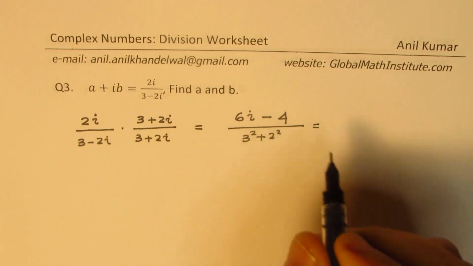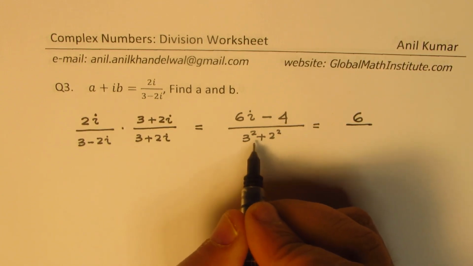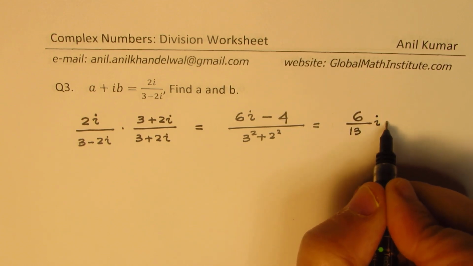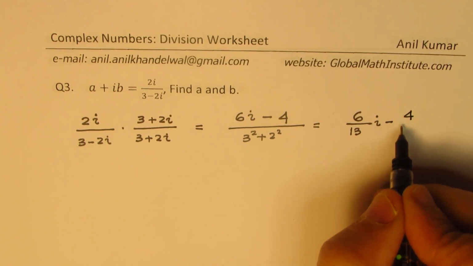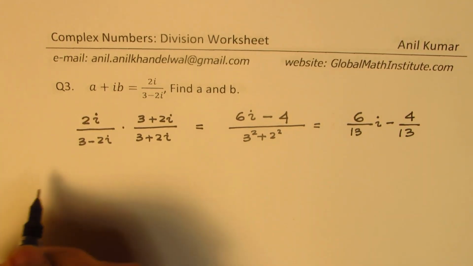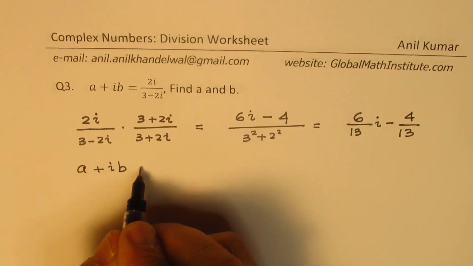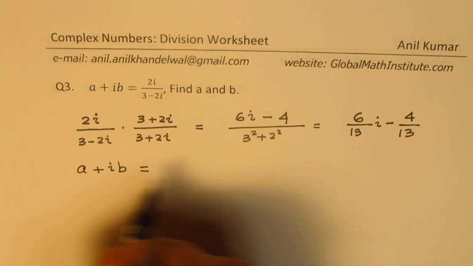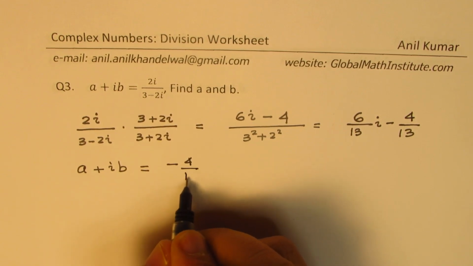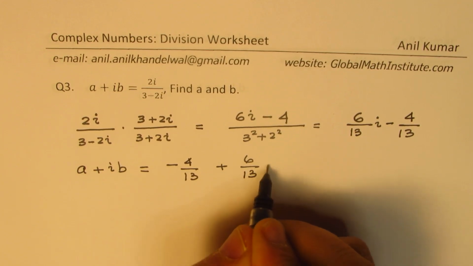So what we get here is 6 over 9 plus 4 is 13, i, minus 4 over 13. Is that clear? Now if we want to find what a plus ib equals, or sometimes you write bi, let's rearrange. We'll see this is minus 4 over 13 plus 6 over 13i, right?